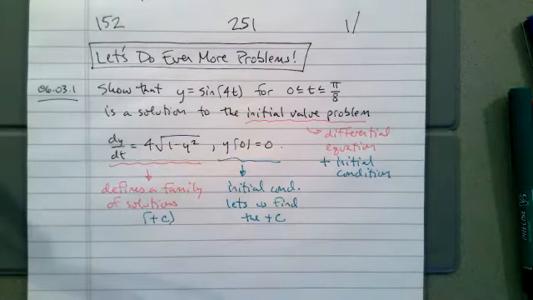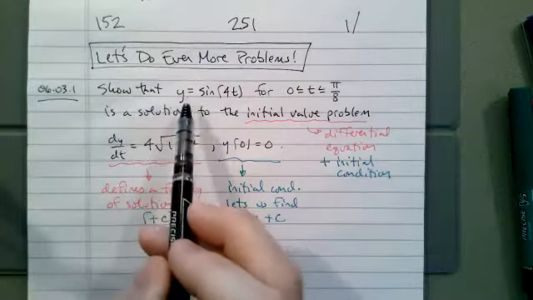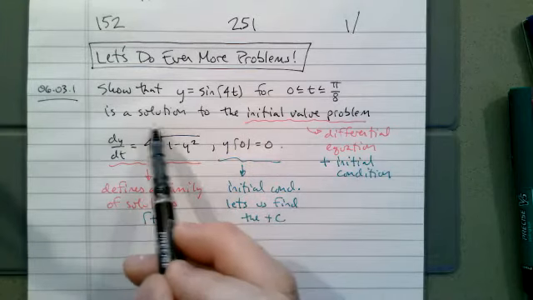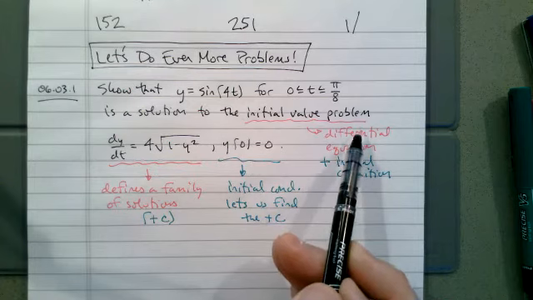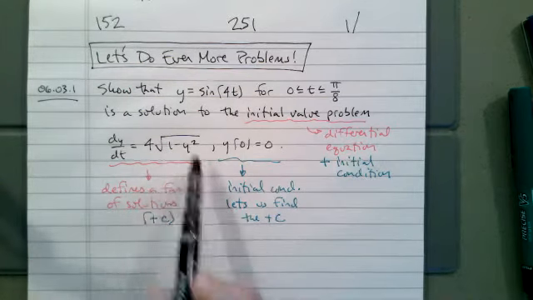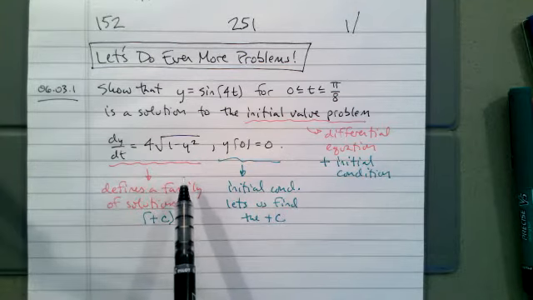So in this particular problem, we have a proposed solution to the initial value problem. When we're asked to show that y equals sine of 4t is a solution to the initial value problem, that means it has to satisfy the initial condition and the differential equation. That's what an initial value problem is.